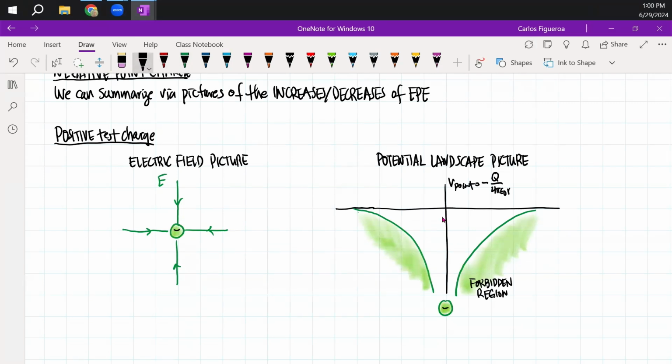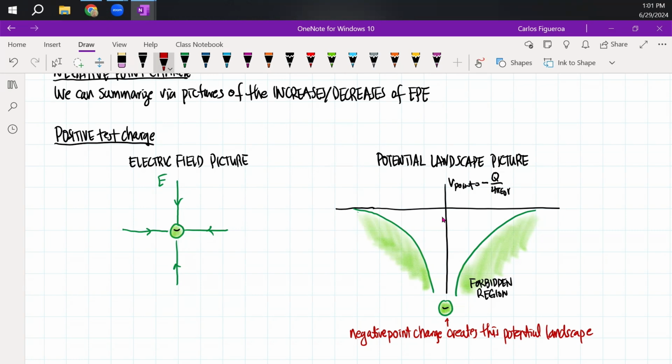This negative point charge creates this potential landscape. That's what this guy's doing, just like the negative charge is creating that electric field.